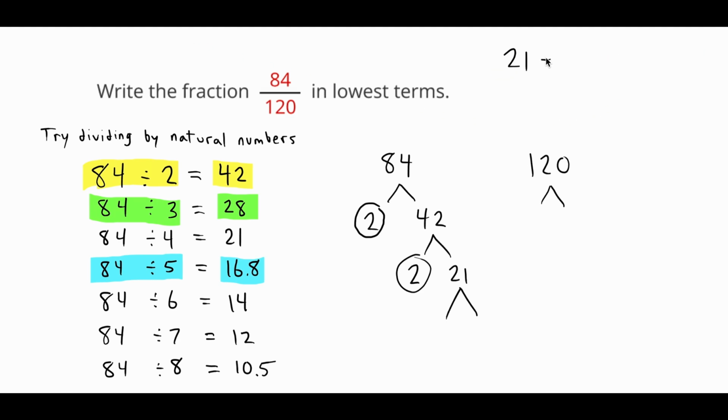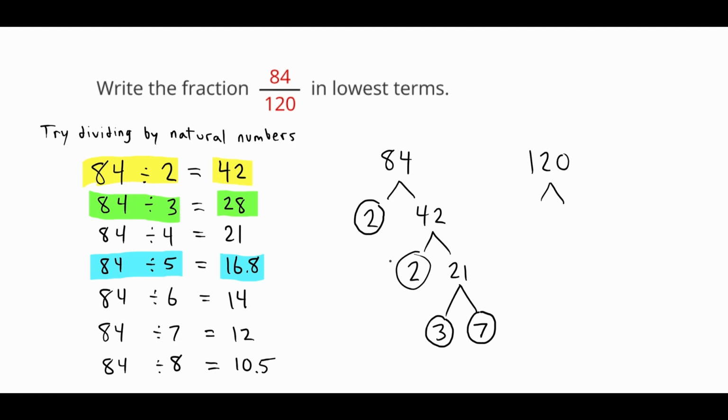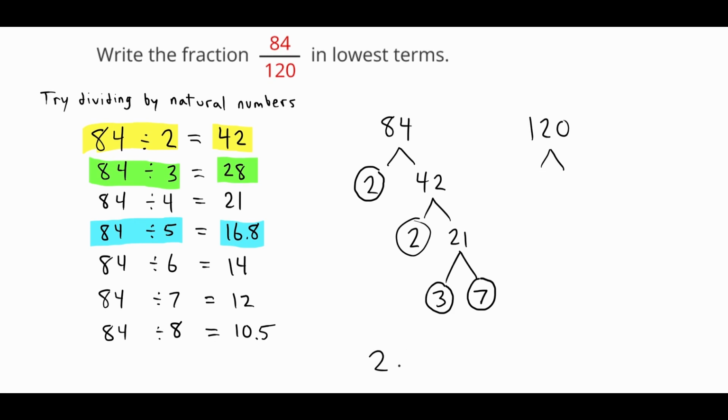Instead, we could try the next natural number, 3, and on calculator we see that that does result in a whole number. Therefore, we can put the combination 3 and 7 there, and now we're done with the tree. We've arrived at all prime numbers. We could even write the prime factorization. 2 times 2 times 3 times 7 makes 84.